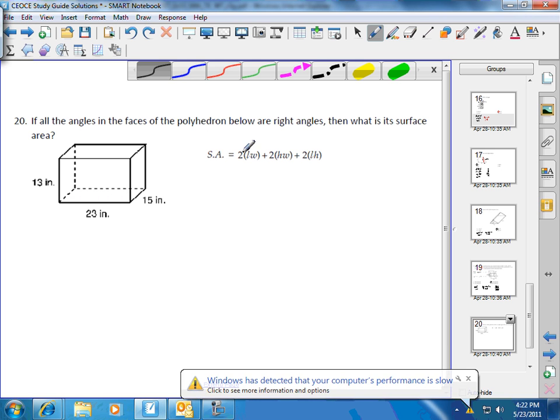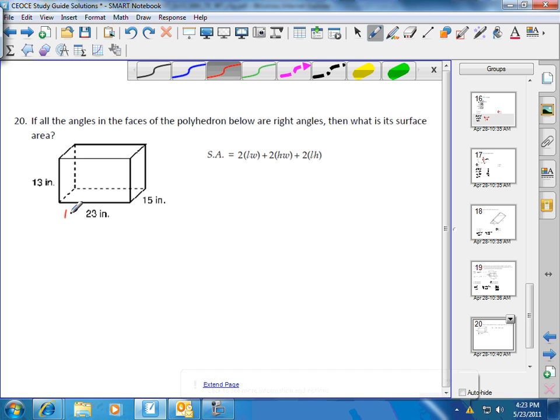So let's just call 23 the length and 15 the width. And that leaves us the height, we'll call 13. So we're just going to plug those values into our equation.